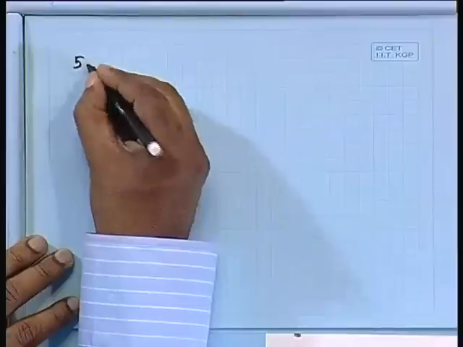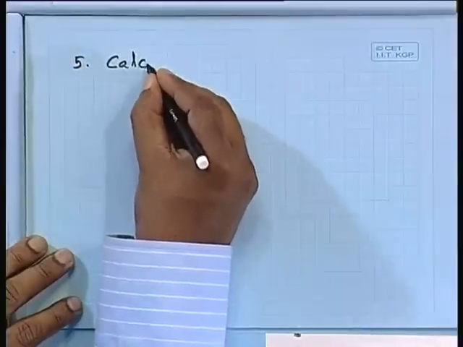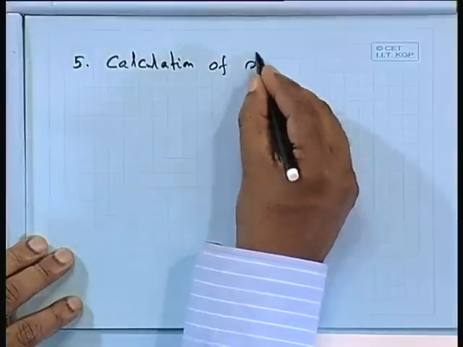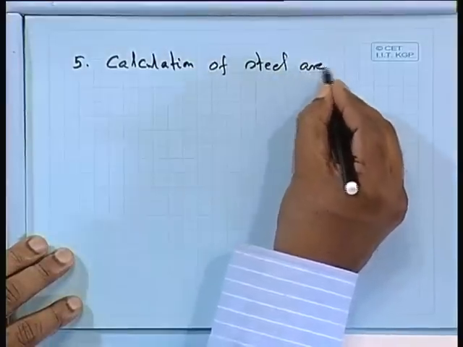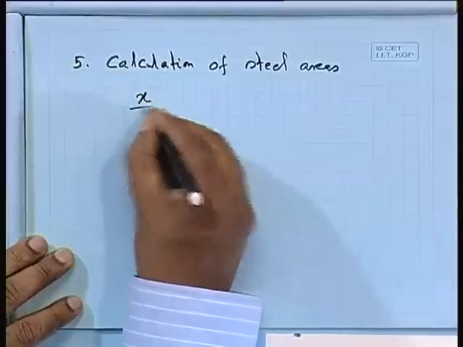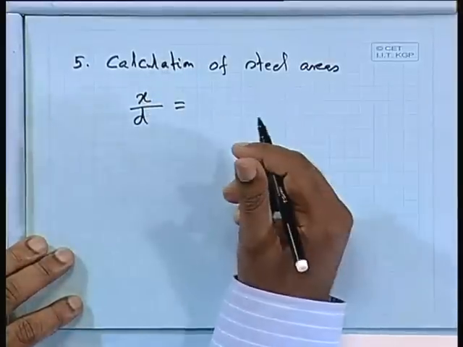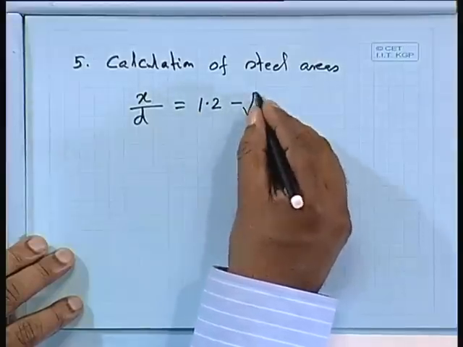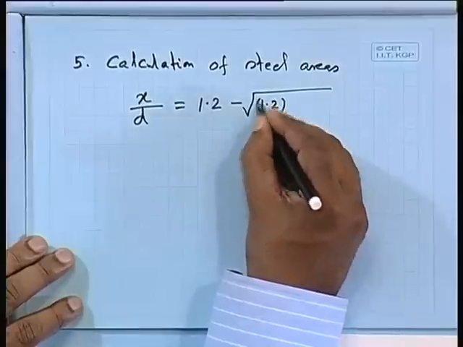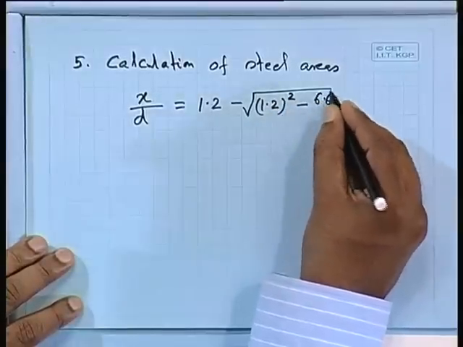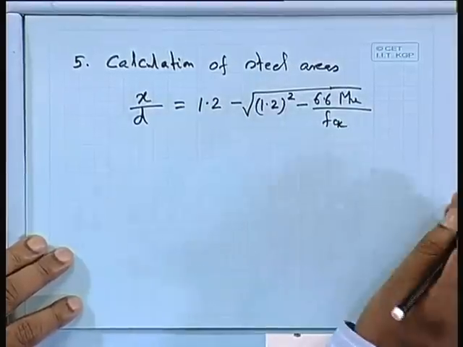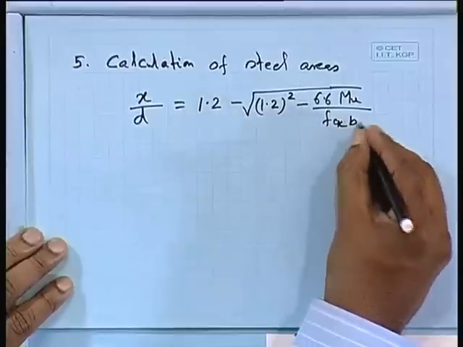Number 5, calculation of steel areas. Directly we can calculate this, or we can go from the Mu formula, or directly we can remember this formula: 1.2 minus root over 1.2 whole square minus 6.6 Mu by fck b d square.